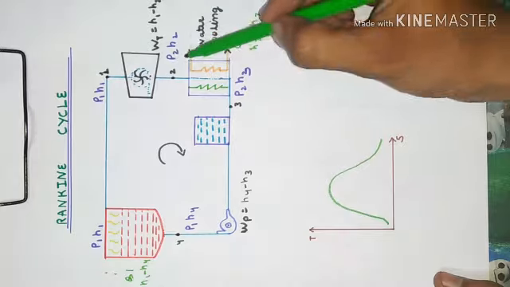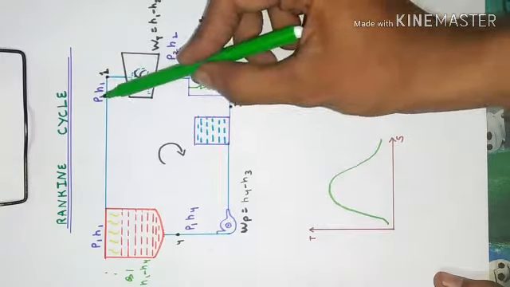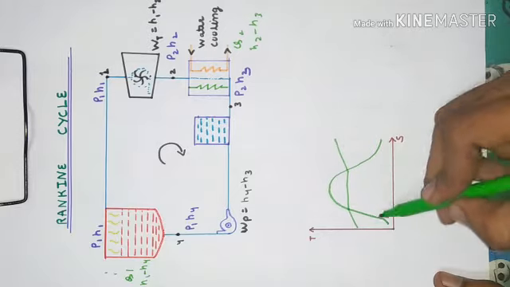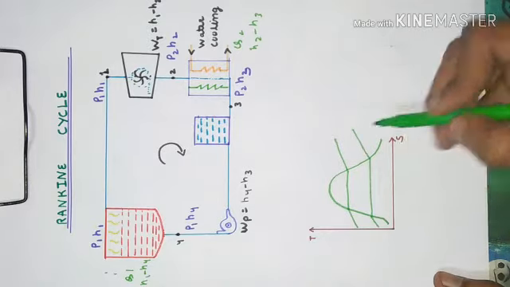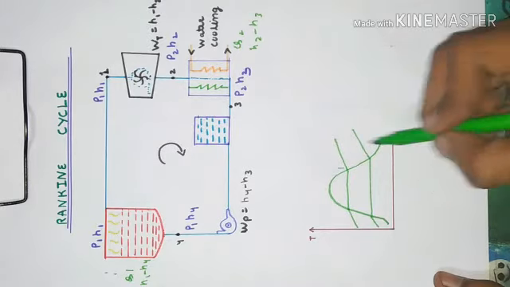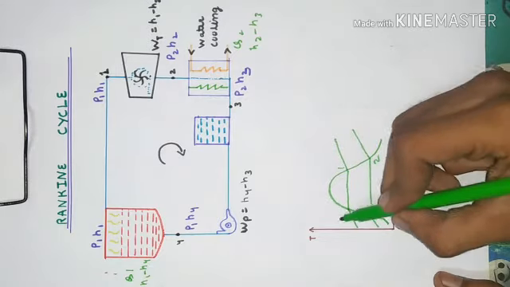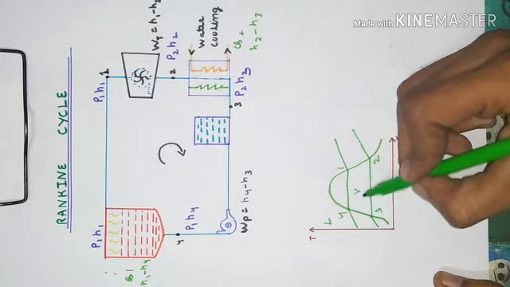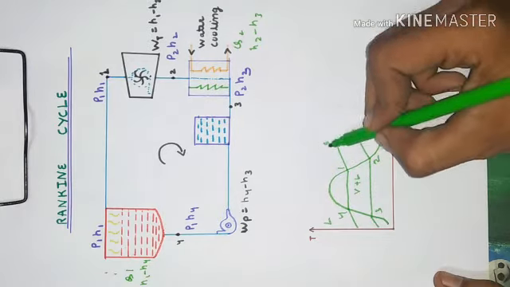There are two constant pressure lines, P1 and P2. This is 1, this is 2, this is 3, and this is 4. There is the liquid region, the vapor plus liquid region, and the superheated steam region.